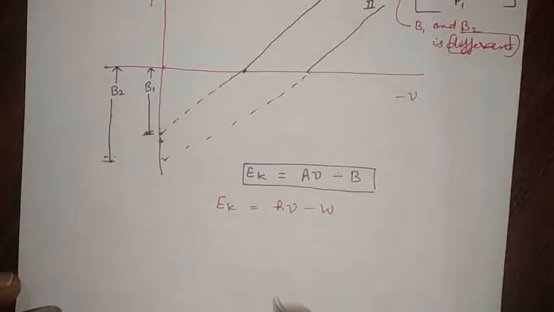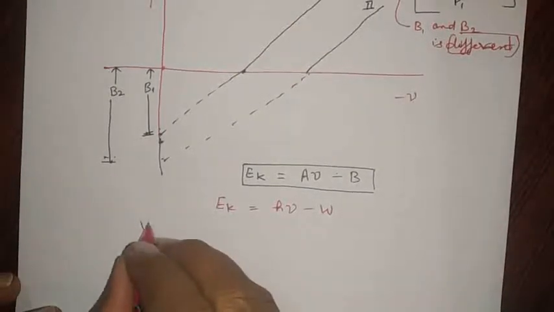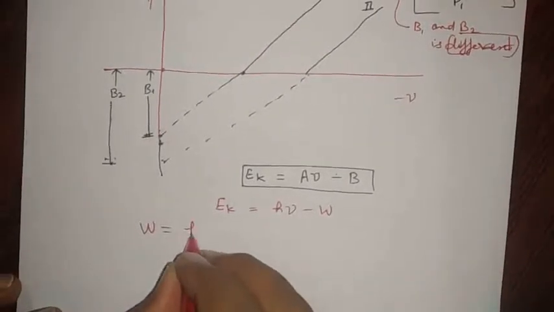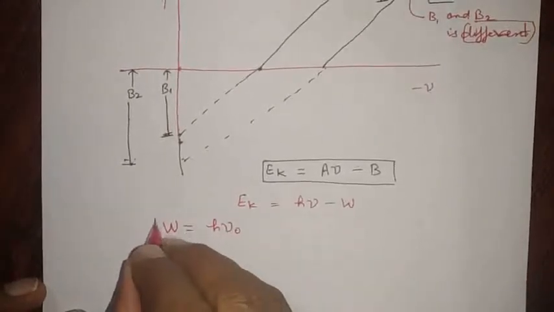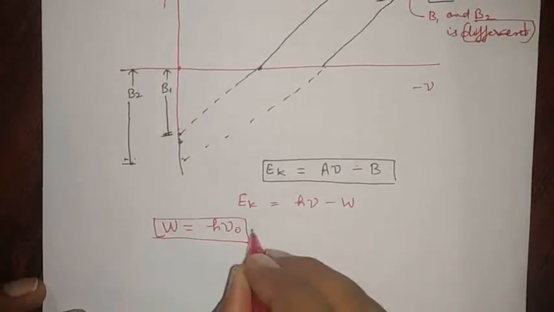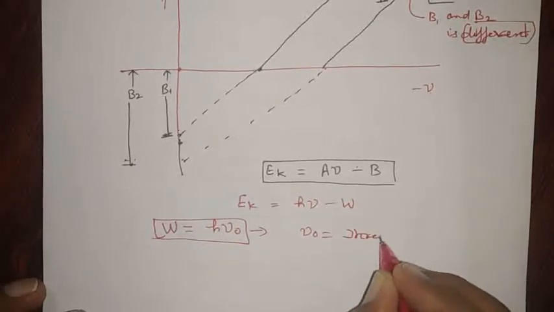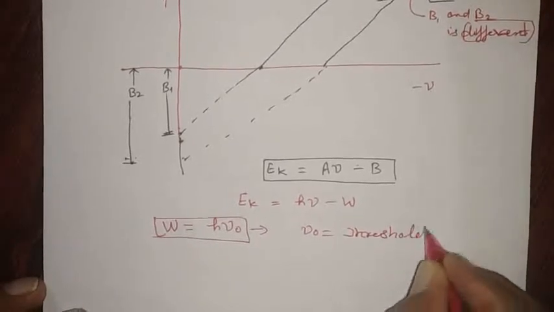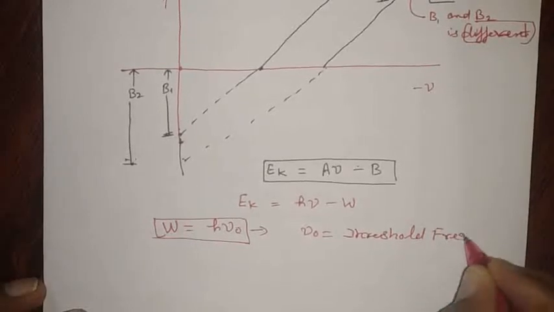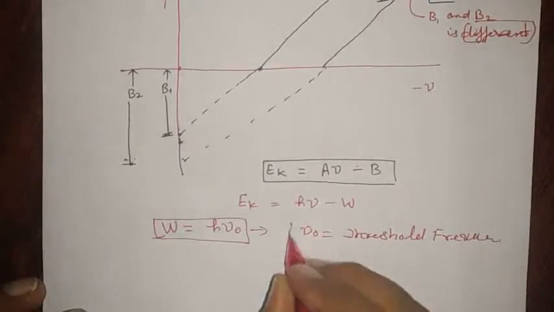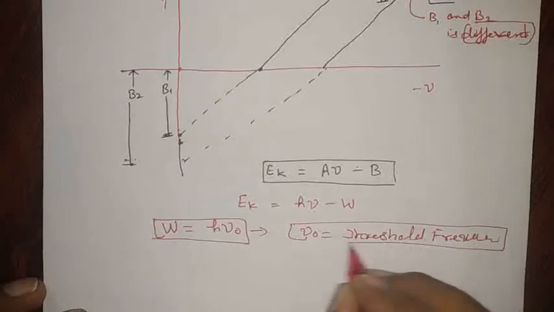Below that it was not possible. It means that the work function can also be written as h nu naught, where nu naught is called the threshold frequency. This is the minimum amount of energy required.